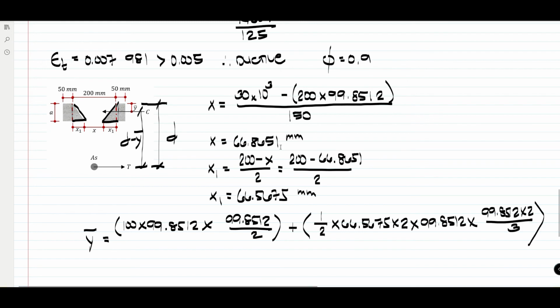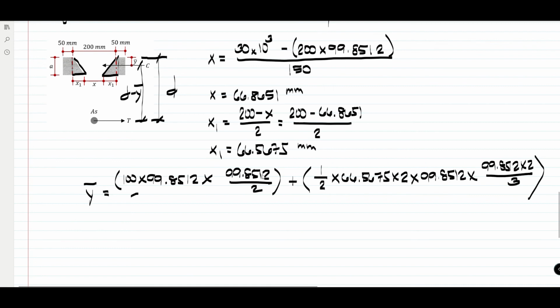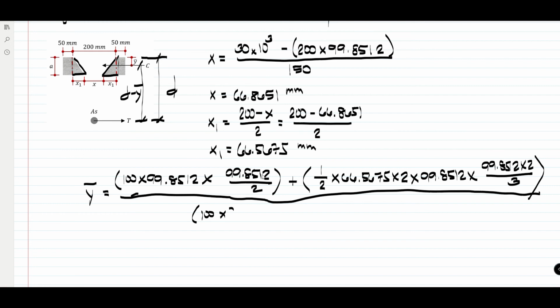So, ayan na siya ngayon. Then, i-divide lang natin to by the total area. So, ang total area natin will just be 100 times 99.8512, tas add mo lang yung 1/2 times 66.5675 times 2 times 99.8512.